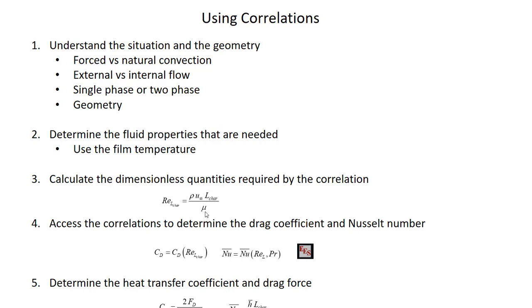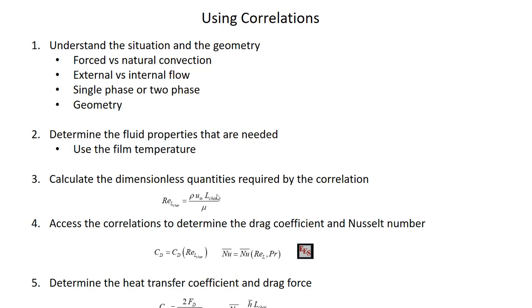There are a couple of fairly common ways to screw this up. One way is by not being careful about what the characteristic length is for the flow situation you're dealing with. Somebody came up with these correlations, and when that person came up with them, they also specified once and for all what the characteristic length is going to be for that object if you want to use their correlation.